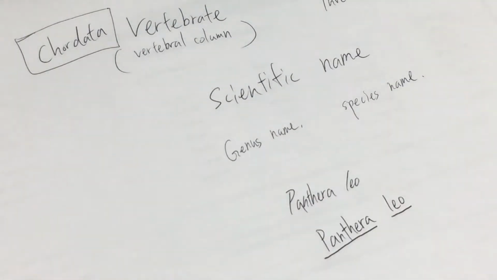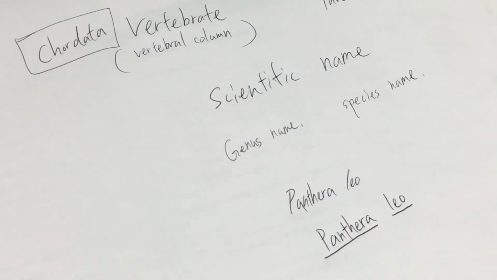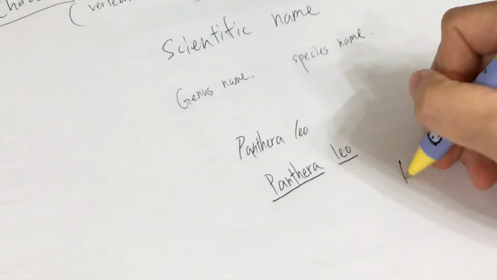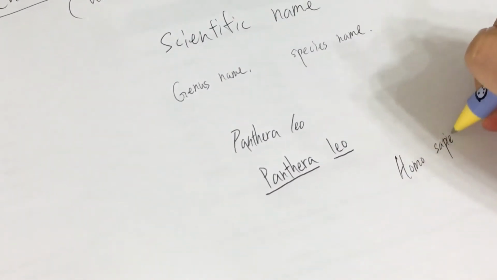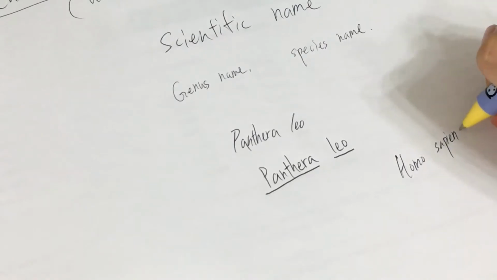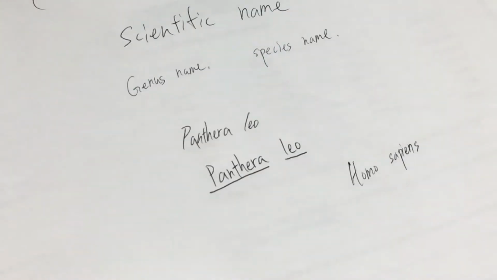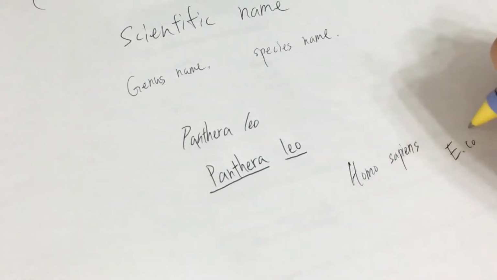But one thing that I want you to think about is for human, so Homo sapiens, and we write it in italic. And then one name that you always see is this one, E. coli.